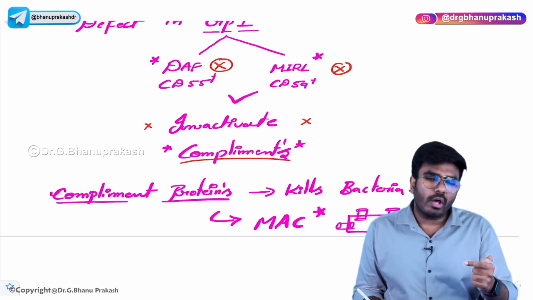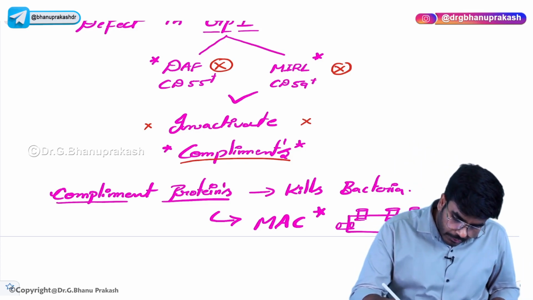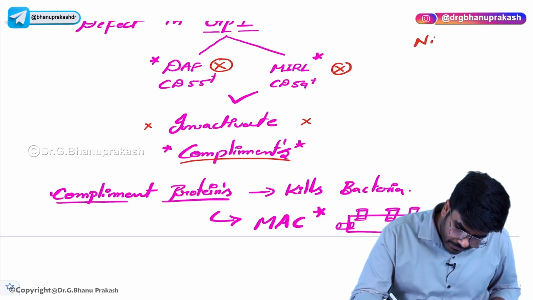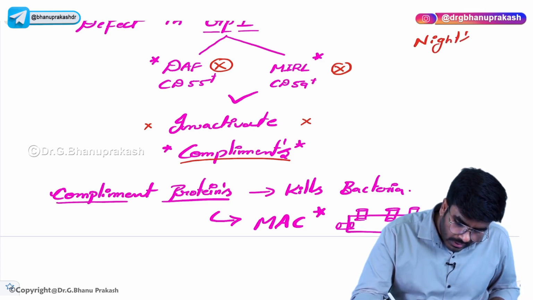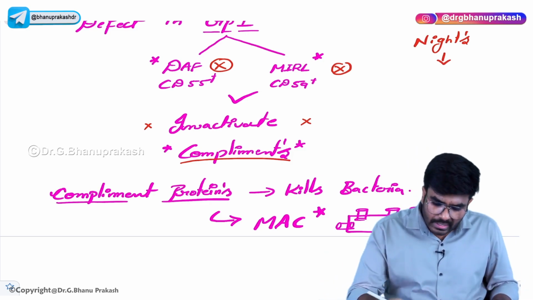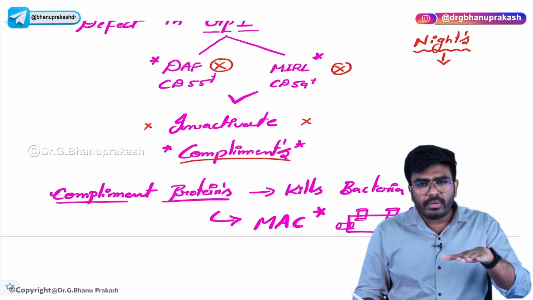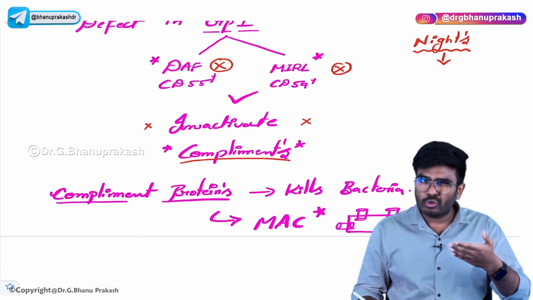Sir, first of all, why are the complements getting activated? See, usually during nights, what type of breathing will you be having? Any person during nights will be having shallow breathing or deep breathing? A person sleeping has quiet breathing, right? Now he will be having shallow, superficial breathing.